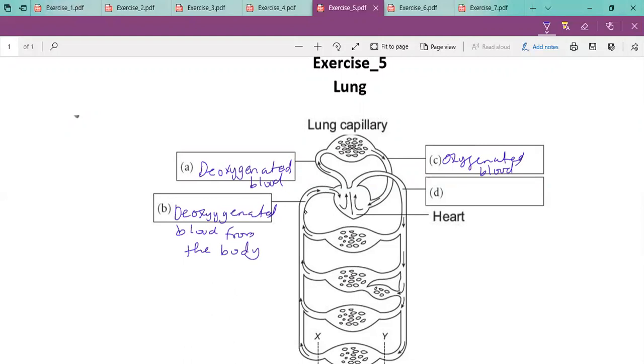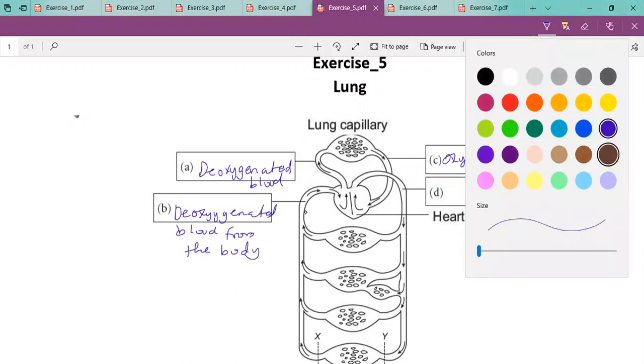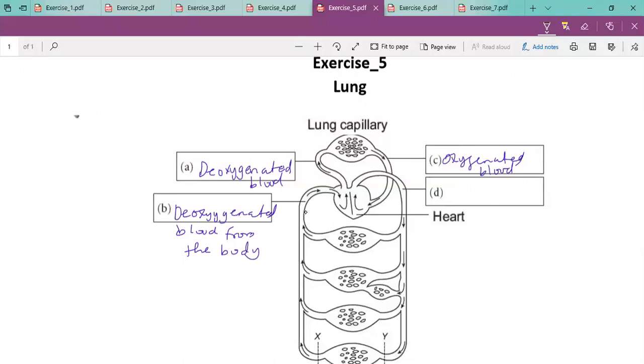If you want to talk about the name of this vessel, it's called the pulmonary artery.